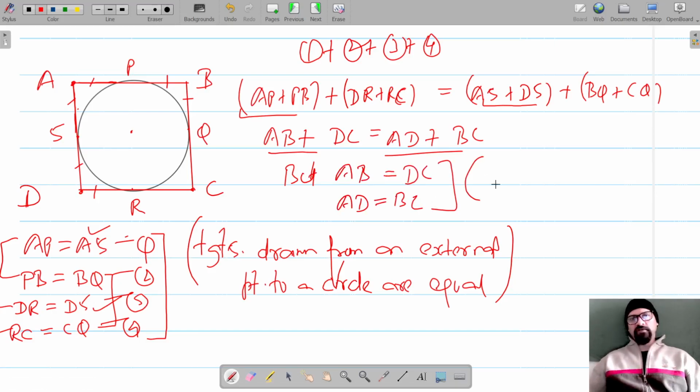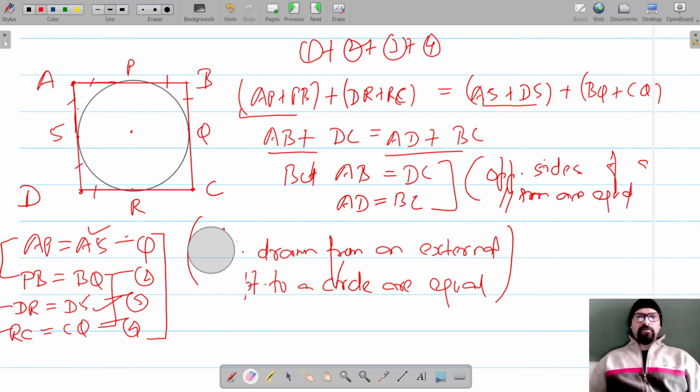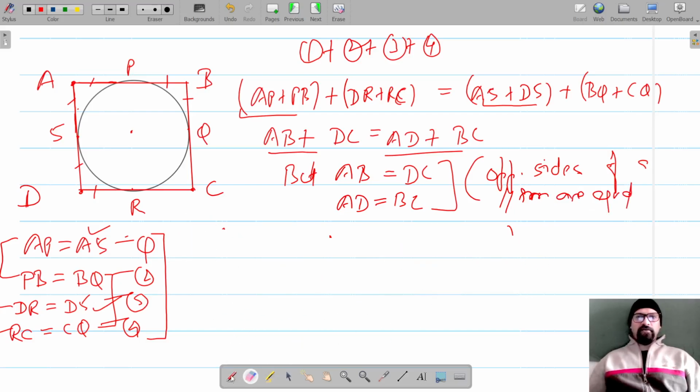And the reason for this is these are the opposite sides of a parallelogram, and we know that opposite sides of a parallelogram are equal.